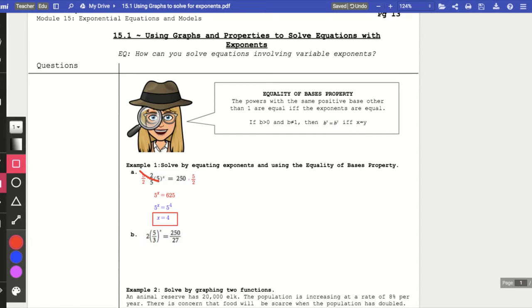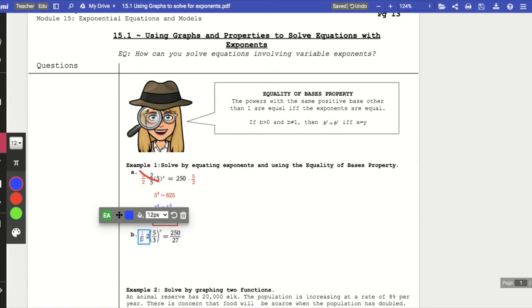Okay. Let's go ahead and do this one. Again, I want to find out what x is equal to, so I have to get rid of the 2 on the left first. To do that, I'm going to multiply by 1/2 on both sides.